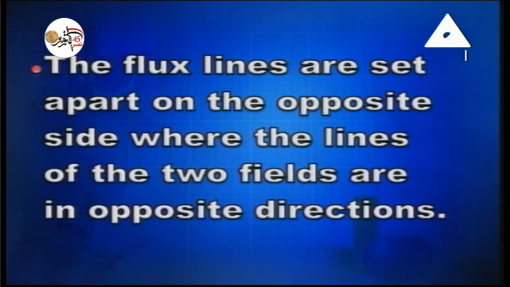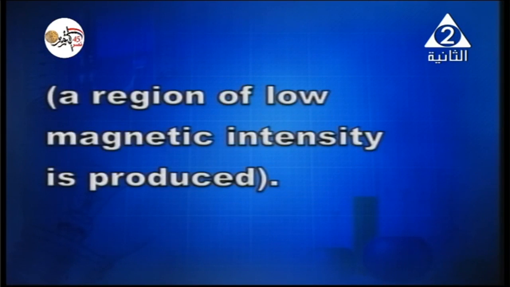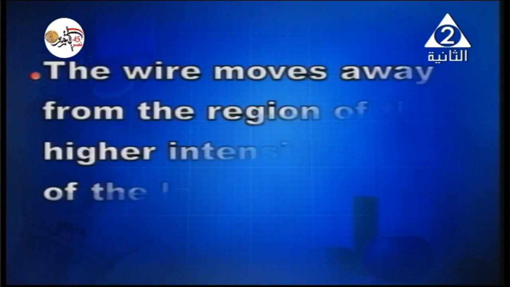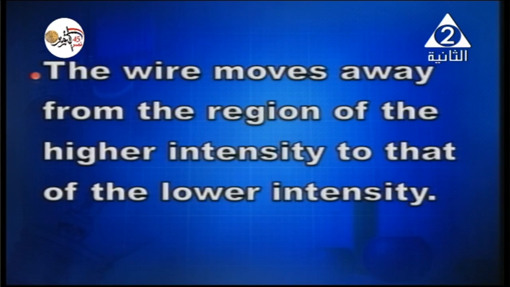The flux lines are set apart on the opposite side where the lines of the two fields are in opposite directions, and of course this is a region of low magnetic intensity. The wire moves away from the region of higher intensity to that of the lower intensity.